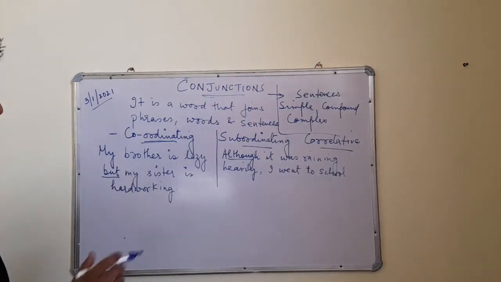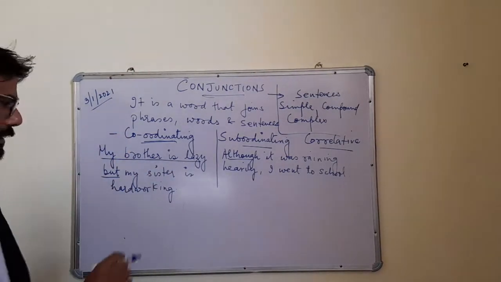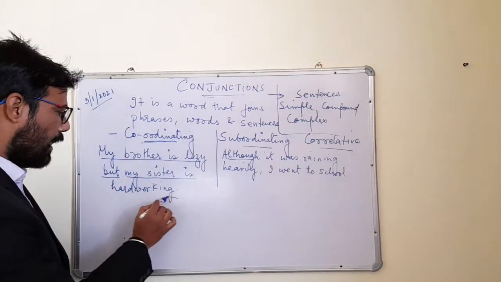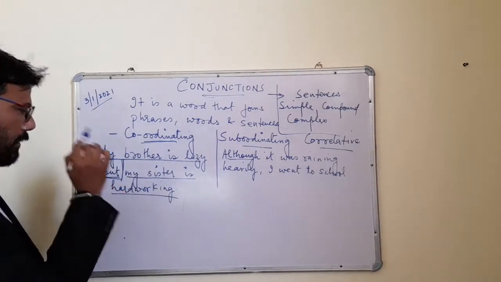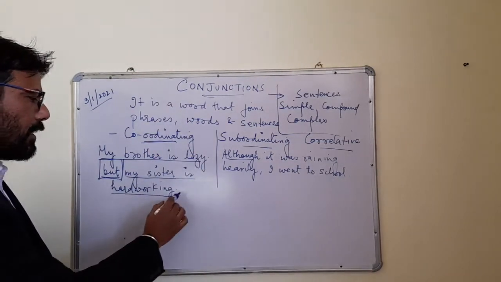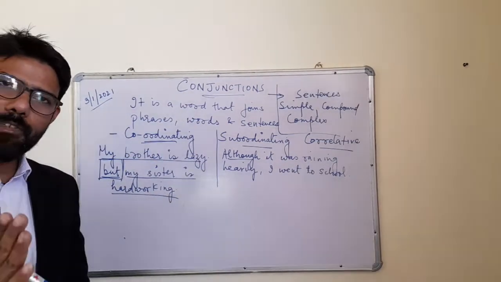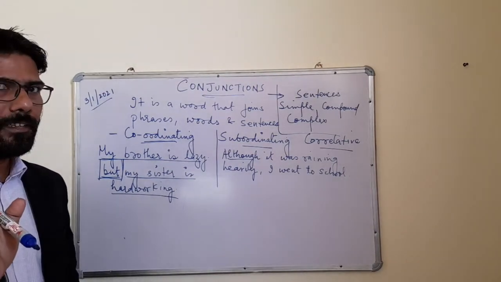Now children, the difference is very simple here. My brother is lazy, one sentence. My sister is hardworking. If I break this sentence, if I remove this part, my brother is lazy, full stop. My sister is hardworking, full stop. Both sentences have independent meaning, right?